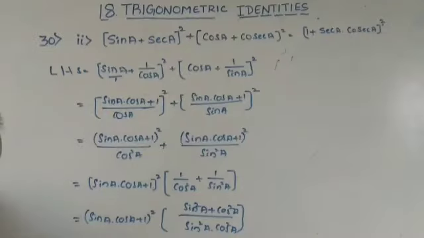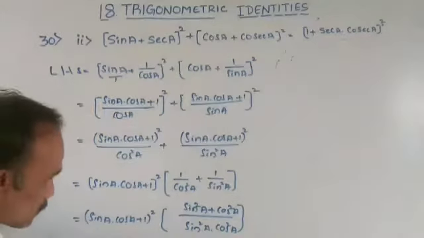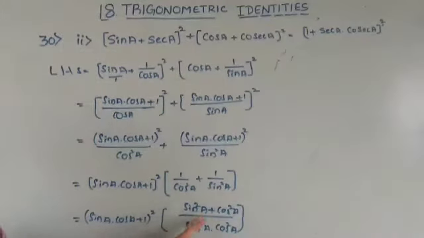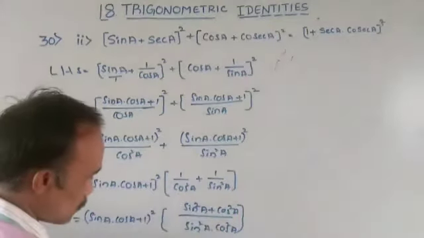Yes, this is equal. Now (sin A into cos A plus 1) whole square as it is. Again you have the identity, sin square theta plus cos square theta is equal to 1.